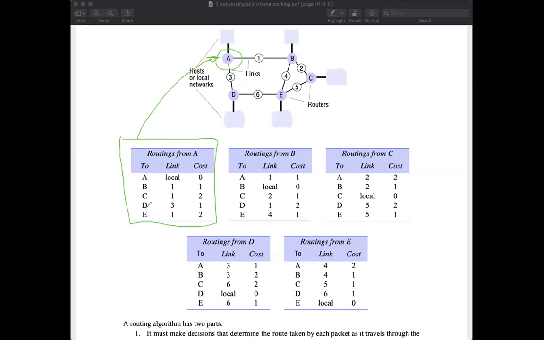So we have A, B, C, D, E routers, and when we consider routing table A, so if we check the connection between router A to router A, there won't be any link. Actually, it's a local connection, right? It refer itself, right? So then that means there won't be any cost, right?